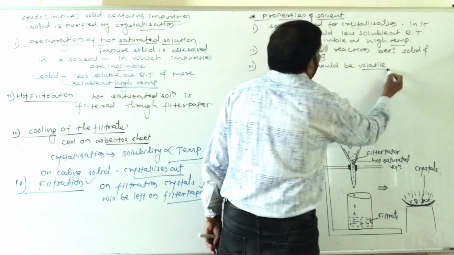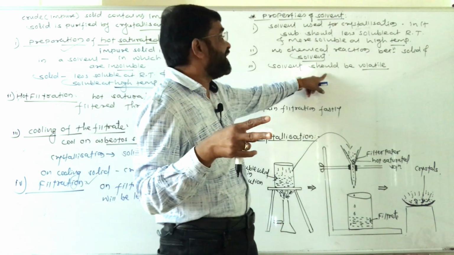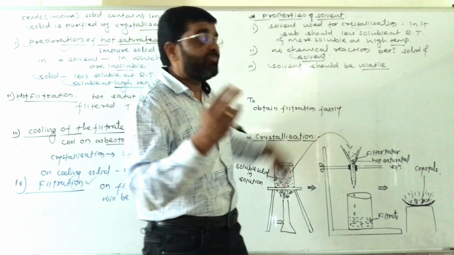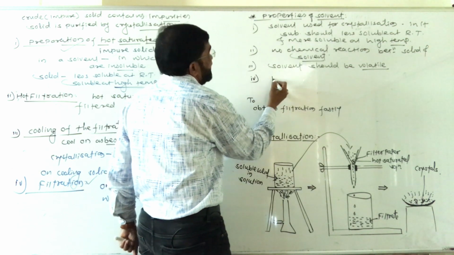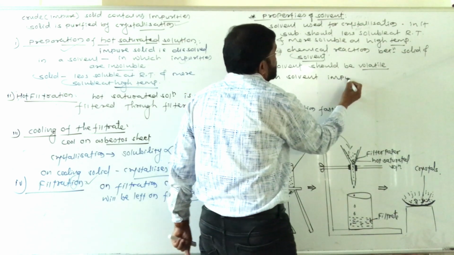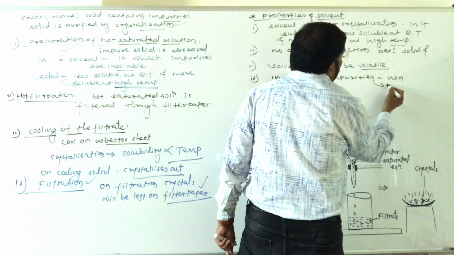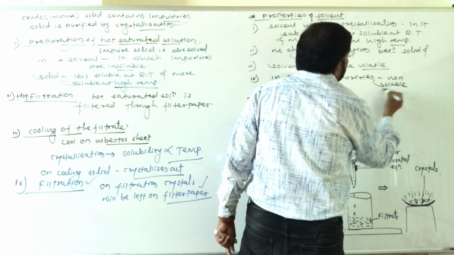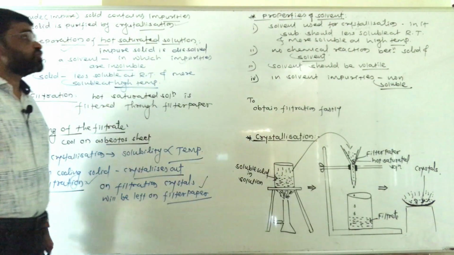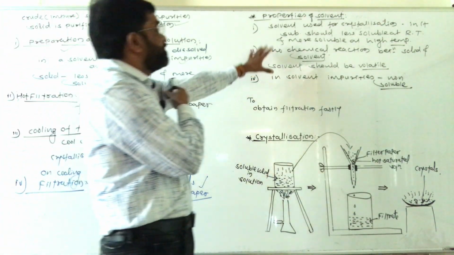Volatile means having a low boiling point, so it should be easily evaporated. And in the solvent, impurities should be non-soluble or insoluble. So these should be the properties of the solvent used for the crystallization process.